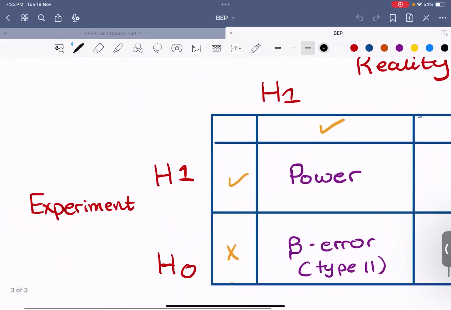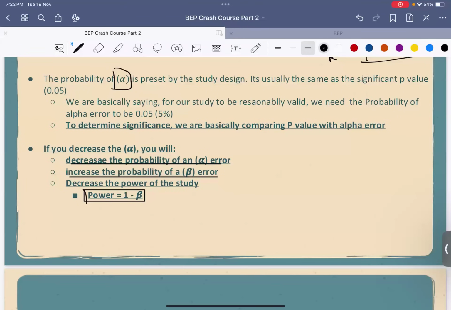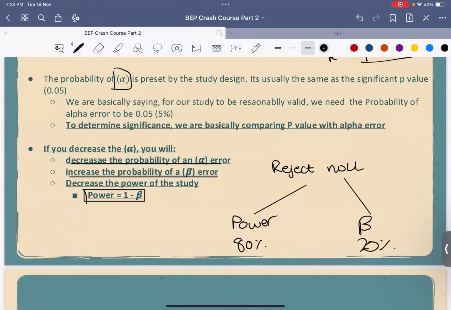If we reject the null, we are either power or beta, because alpha is rejecting the null when it's true, and now we're talking about the null being false. So if the probability of power is 80%, then beta will be the rest. If the probability of beta is 80%, then the power will be the rest.